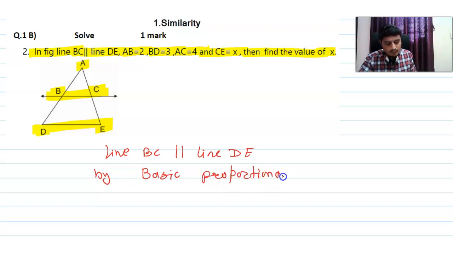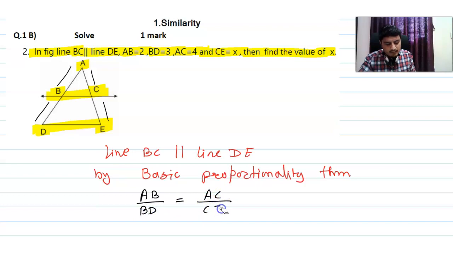theorem. As per the basic proportionality theorem, we can write that the segments made on AD and CE by BC are in equal proportion. That means AB divided by BD is equal to AC divided by CE.